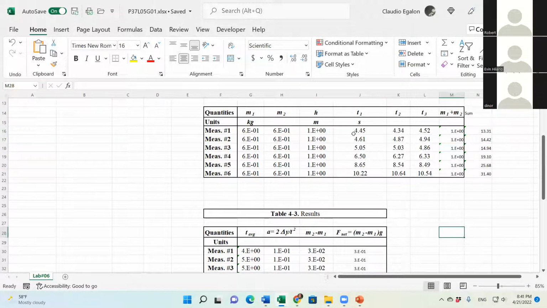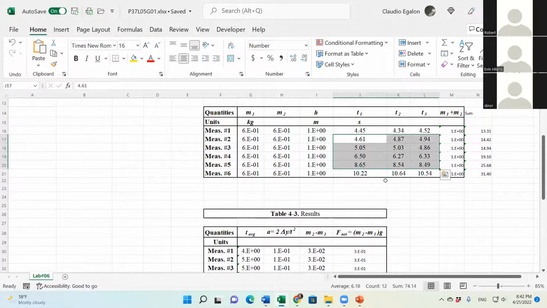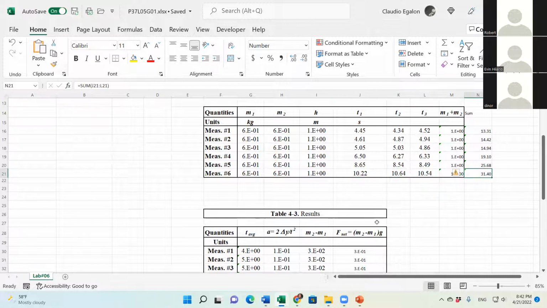Now, all those 3 measurements had only 3 significant figures, right? Yes. But when you sum them, what happened to their number of significant figures? 4. Yes, it increases. All of them increase, with the exception of this one that remains the same. 4 here, 4 here, right?